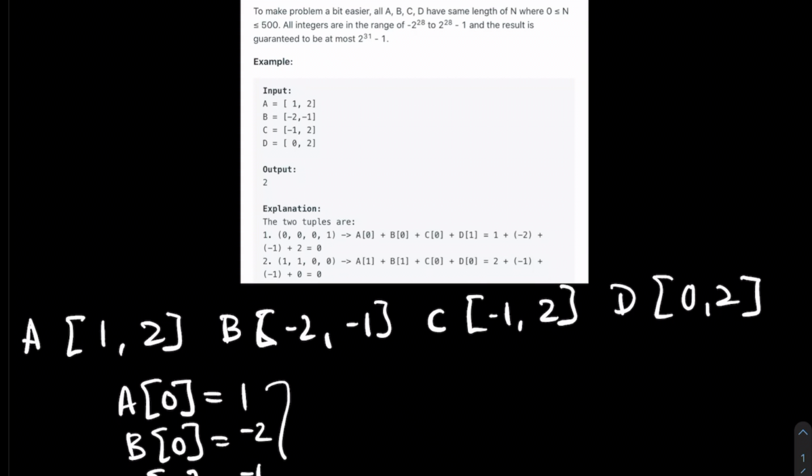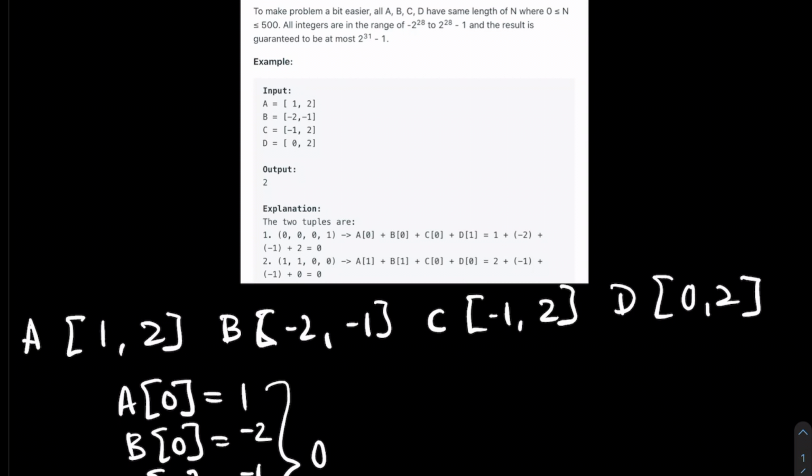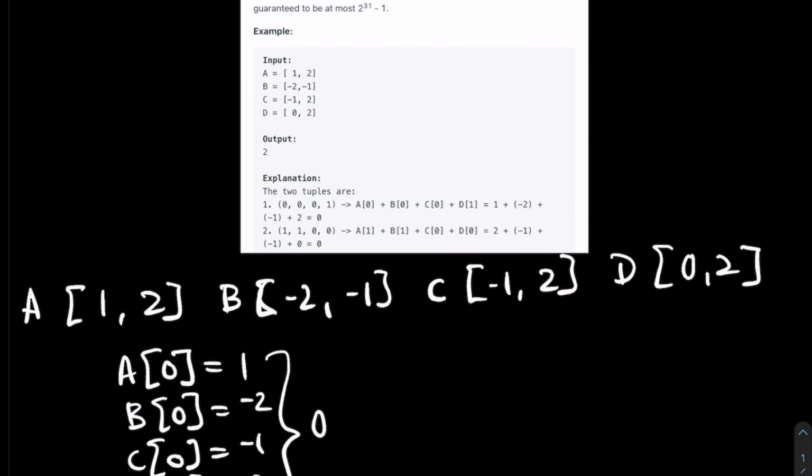So if you do the addition, these do actually add up to 0, right? So 1 plus -2 plus -1 plus 2. These two cancel out, and then these two cancel out. So what you're left with is 0. So that makes sense.